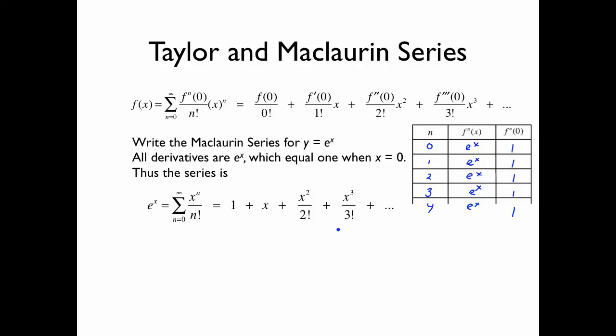Any partial number of terms will approximate e to the x. The more terms that you take, the better the approximation of e to the x that you will get. And if you take all the terms, you'll get e to the x.